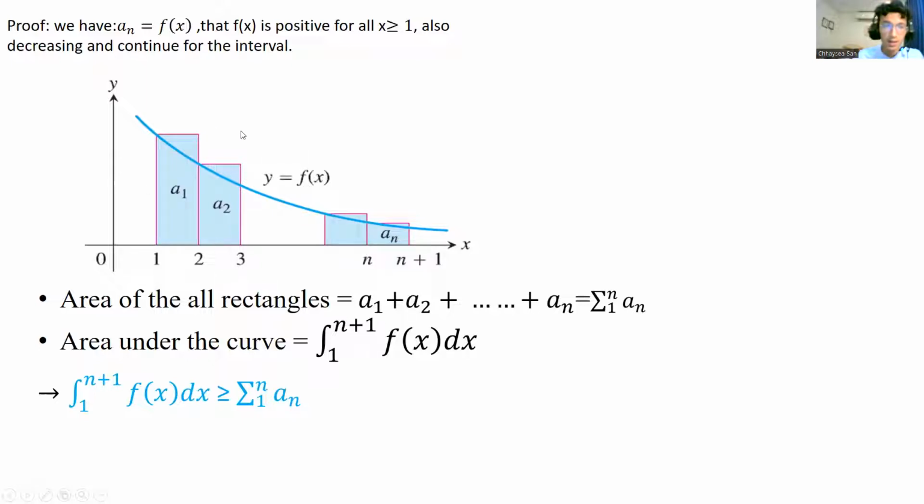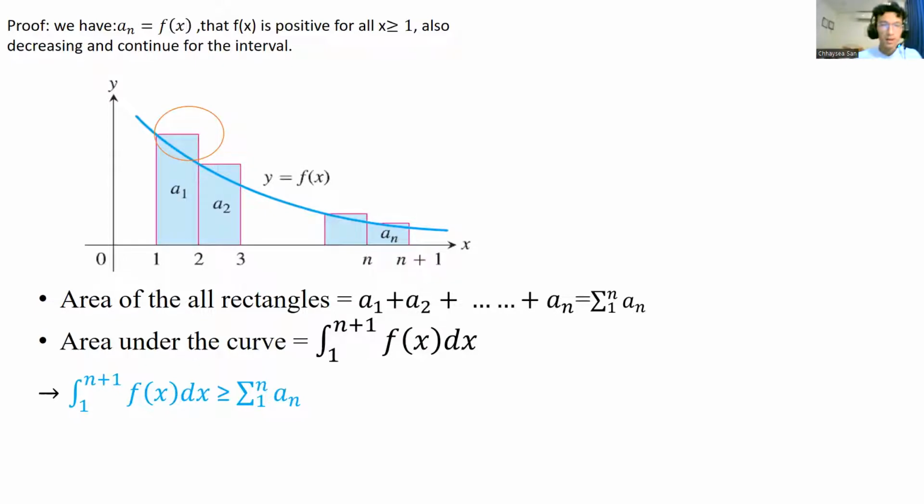As you can see in the graph here, the area that we calculate by the series is bigger than the area under the curve, because there are some parts sticking out here. So we can say that the area under the curve is smaller than the area of the outer rectangles.